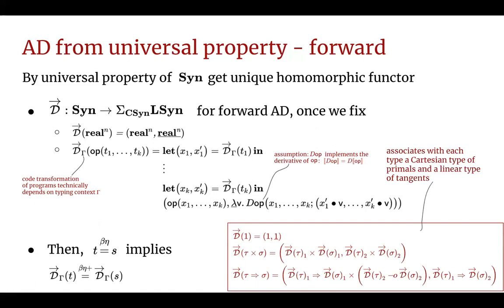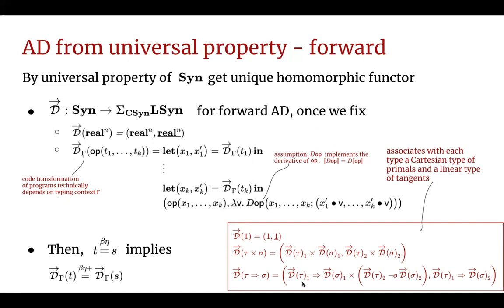Okay, so the induced definitions that we end up getting from this categorical structure of sigma types is we associate a pair of types with each type. The first component is the type of primal values. The second component is the type of tangents. And we associate with products just a product in the first component and a product in the second component. And with function types, we associate this funny formula that we talked about before, right?